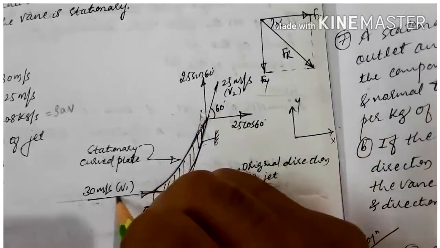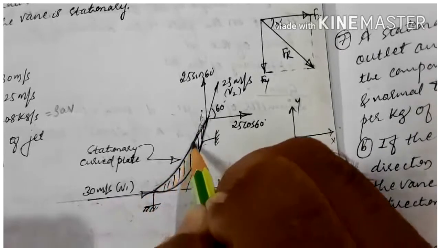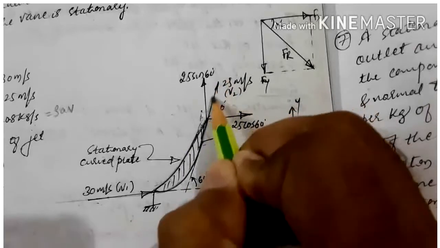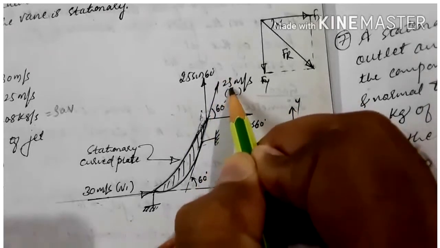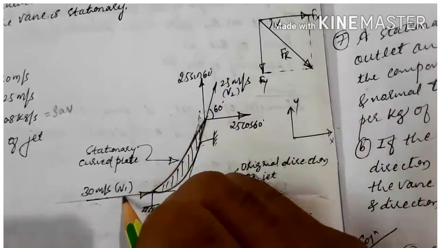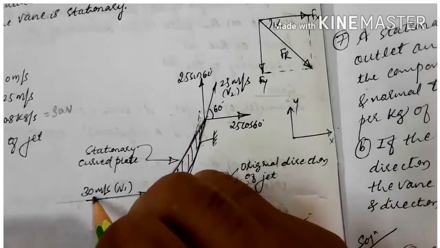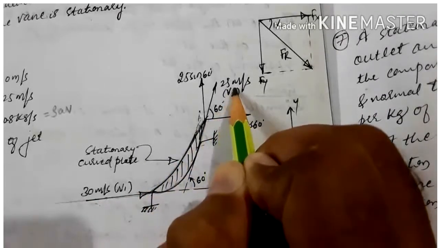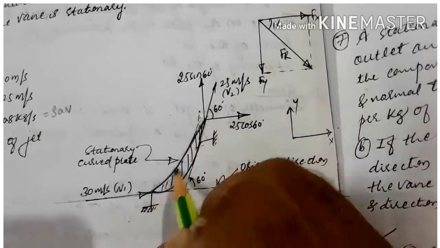So the velocity enters, glides over the surface like this, and exits like this. The exit velocity is also given, that is 25 meter per second. The inlet velocity is 30 meter per second, but the exit velocity is 25 meter per second, hence there will be some losses here.